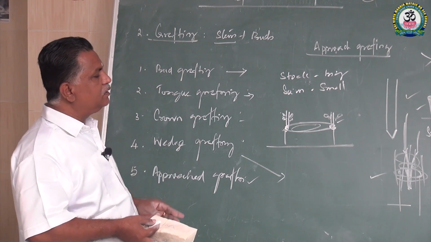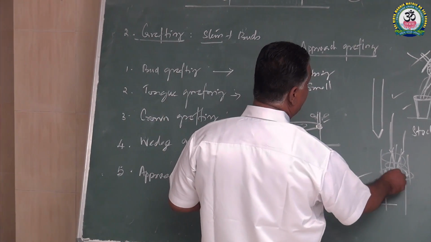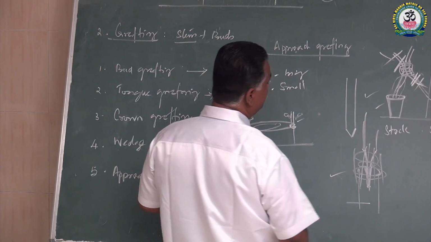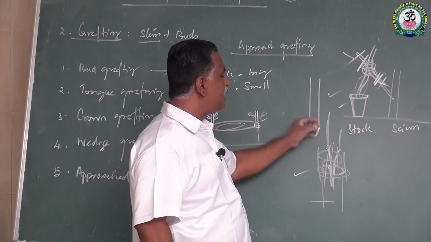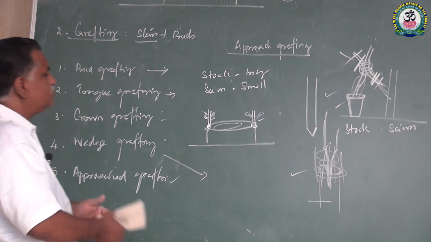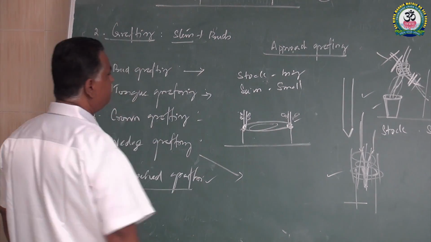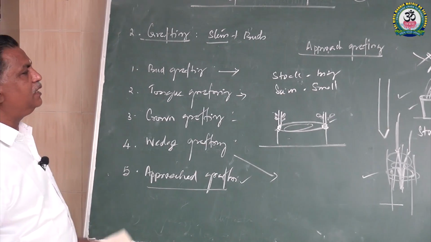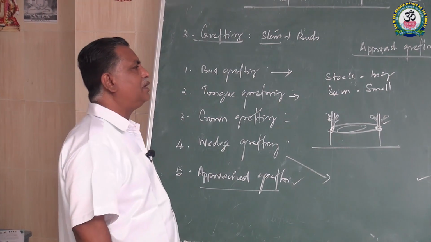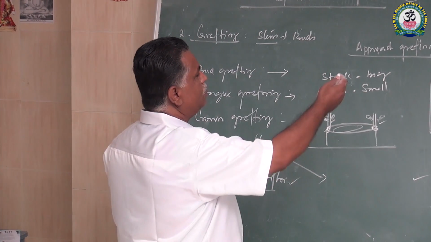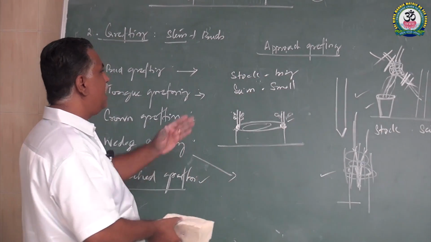And in wedge grafting, the stalk is split in a V shape, in which the scion with wedge-shaped cutting is inserted and a vascular connection is established. And as I said, in approach grafting, a potted plant is brought, and the stem of the potted plant is attached to the branch of another rooted plant, and after some time a hybrid is made.